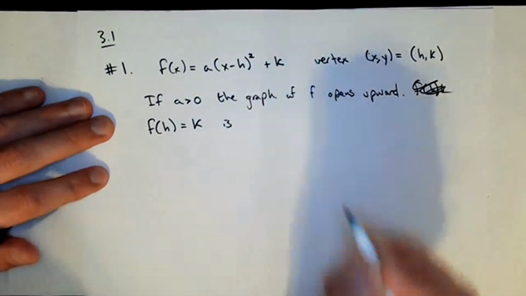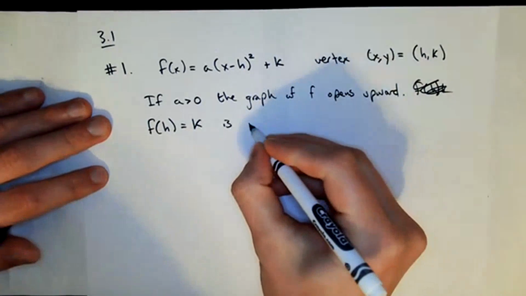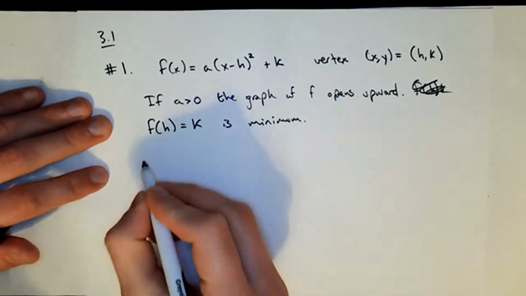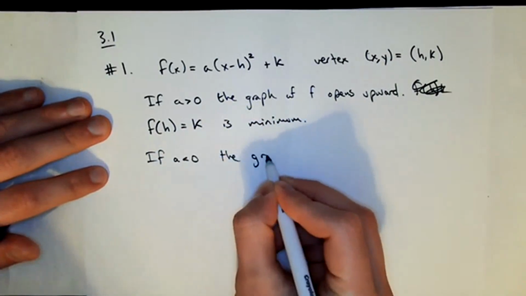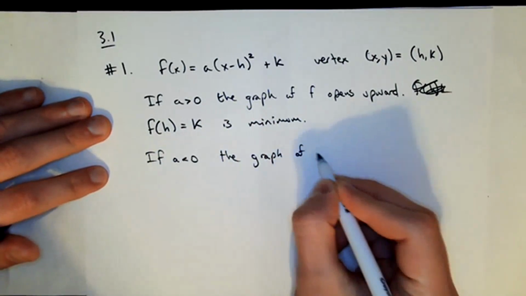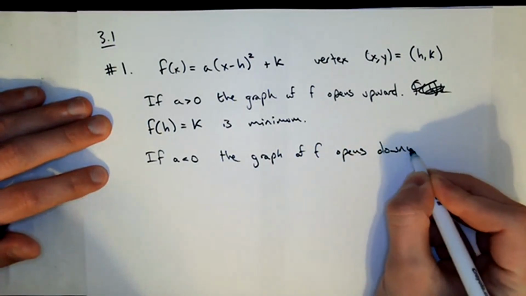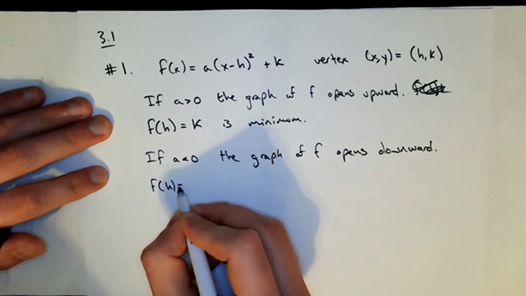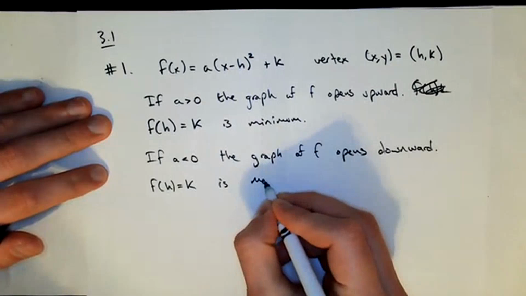Is the minimum or maximum if the graph is opening upward? Well, if it's opening upward, then this vertex is the minimum. Similarly, if a is less than 0, the graph of f opens downward, the legs are pointing down, and that vertex f(h) = k, that coordinate point is a maximum.